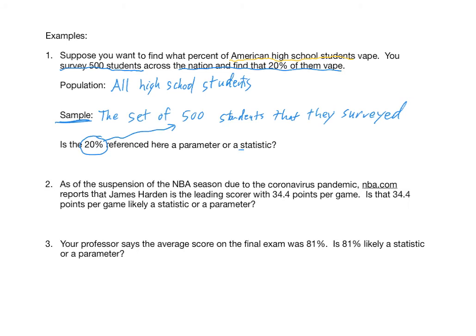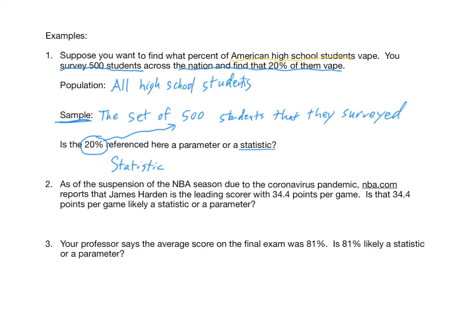That means this must be a statistic. So among those 500 students, 20% of them vape. However, that may not be the population parameter because we did not survey all of them. However, we're hoping that 20% is a good approximation of the population parameter. We'll talk about all that sort of how do we know if it's a good approximation or not in the coming screencasts. Let's take a look at number 2.